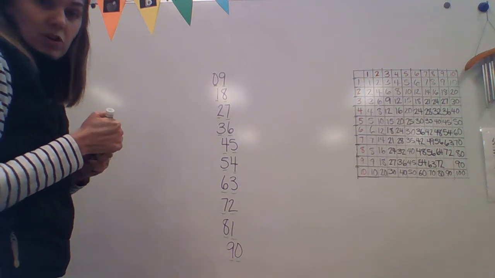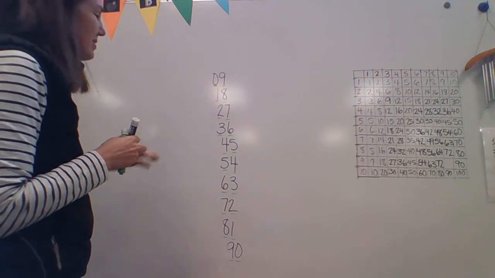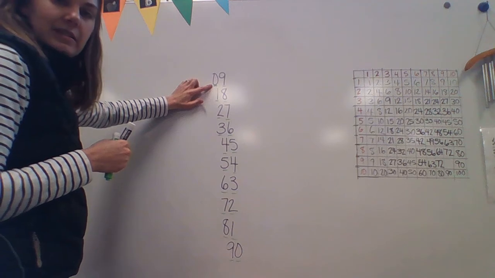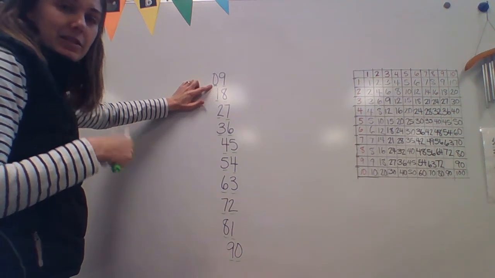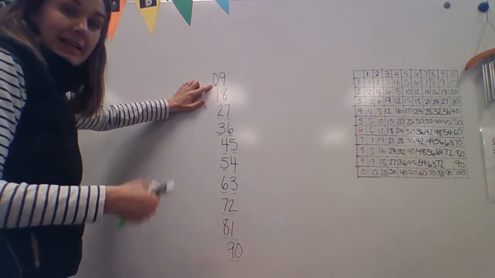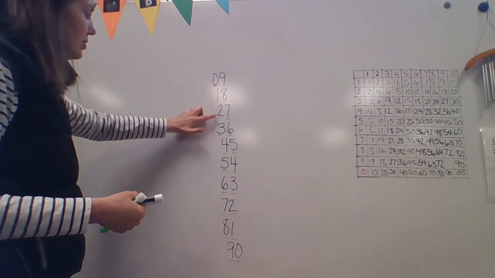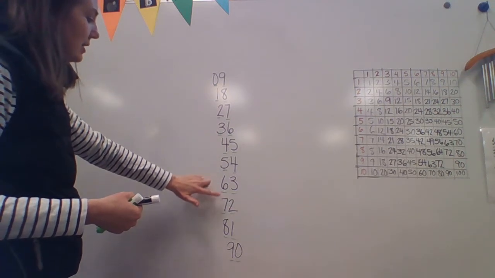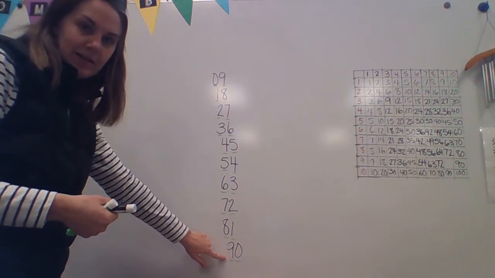So you may have noticed, if you were looking for patterns, that the tens place is increasing by 1 each time, right? It's like counting by 1. 0, 1, 2, 3, 4, 5, 6, 7, 8, 9.